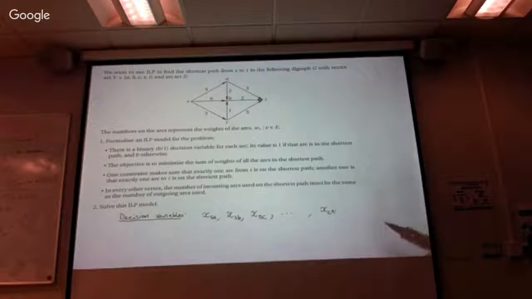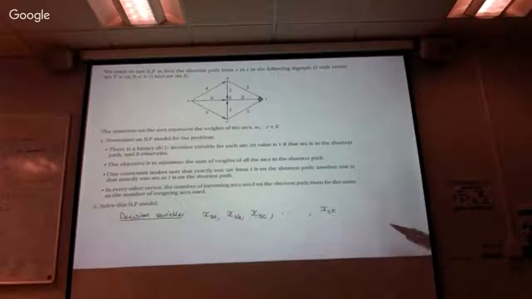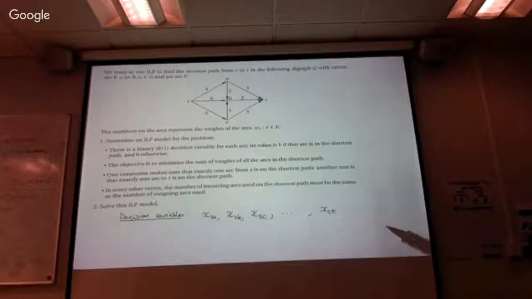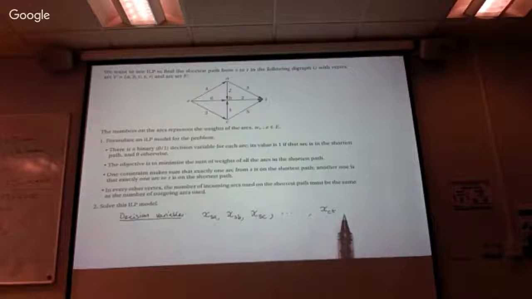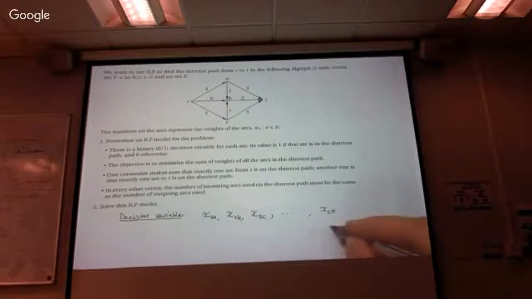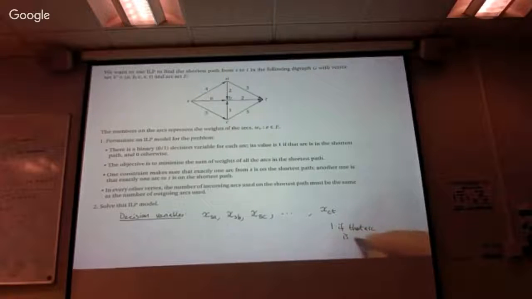So in some sense, it is similar to the problem of marrying people, except here it's not about marrying people. But again, for each edge or for each arc, you have a 0, 1 variable. That's 1 if that arc is used in the shortest path, and 0 if not.